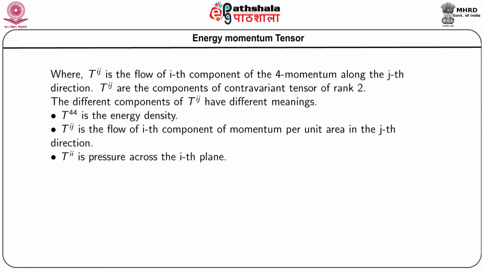Now, the different components of T^ij have different meanings. T^44 is the energy density; it expresses the energy density. T^ij is the flow of the ith component of momentum per unit area in the jth direction, and T^ii is the pressure across the ith plane.